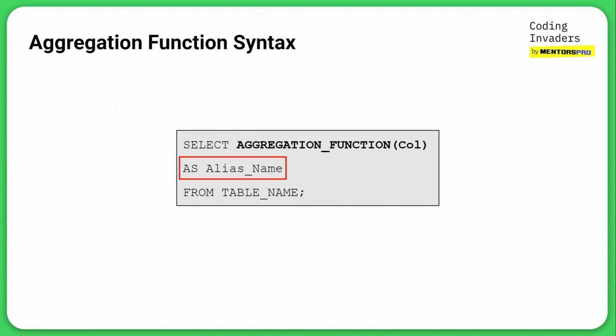Then we have the keyword as and then the alias name. What is alias name? Alias names are often used to make column names more readable, and it is a temporary name. We provide an alias name for aggregation function to make the output more readable. Lastly, we mention the table name from which we want to retrieve the data.